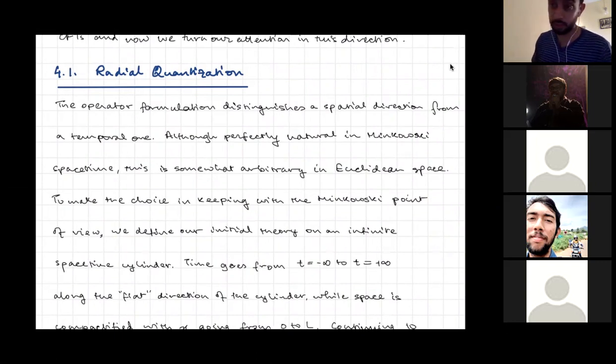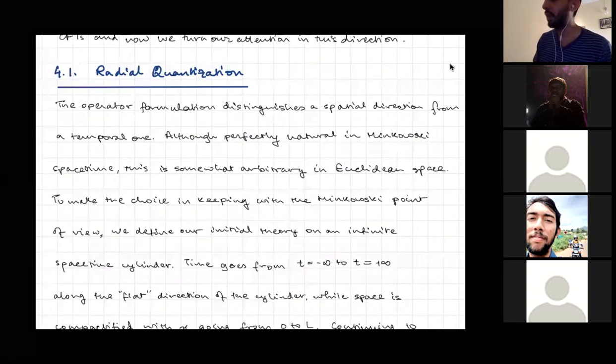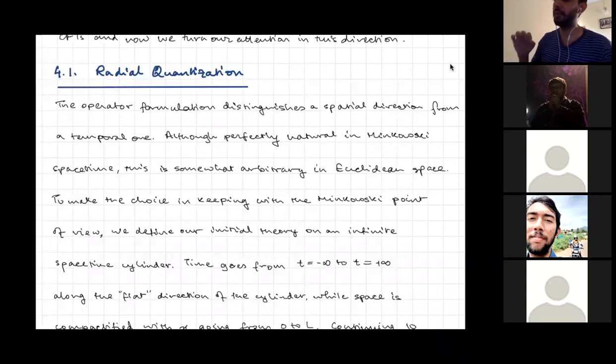It's also interesting, and this is something we will discuss a little later, to think of things from the point of view of string theory in the same way. If you're looking at closed strings, thinking of cylinders is a nice thing to do.